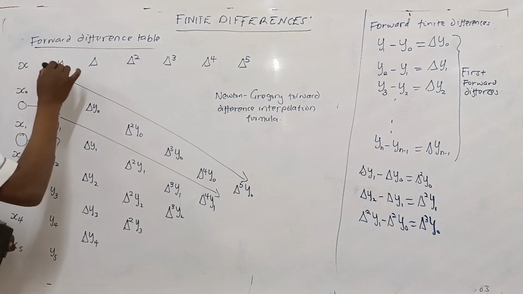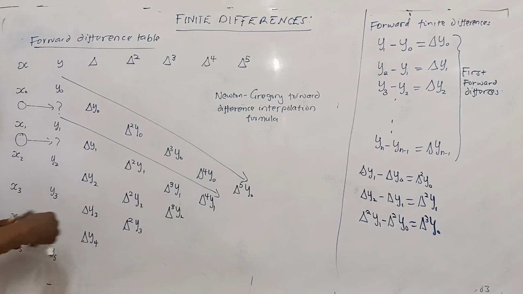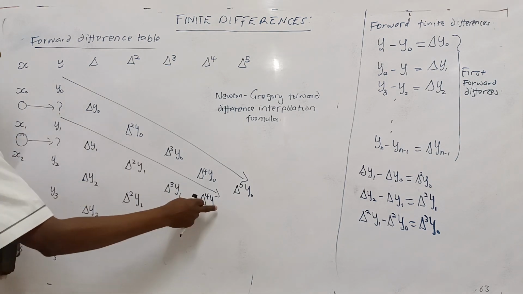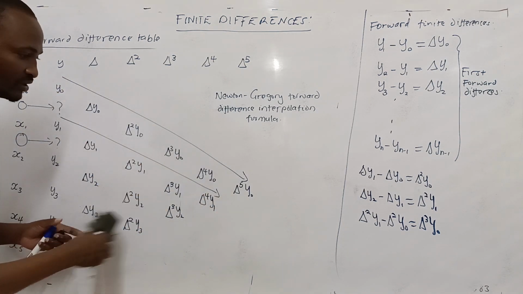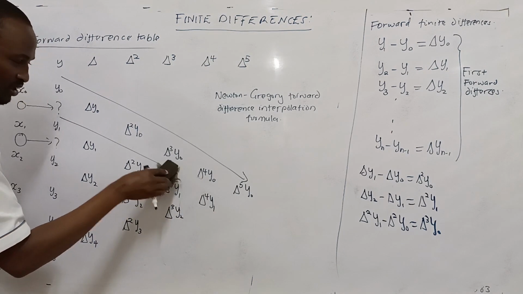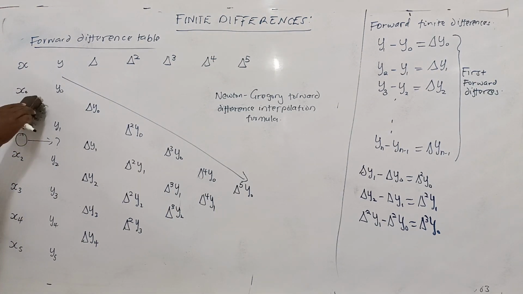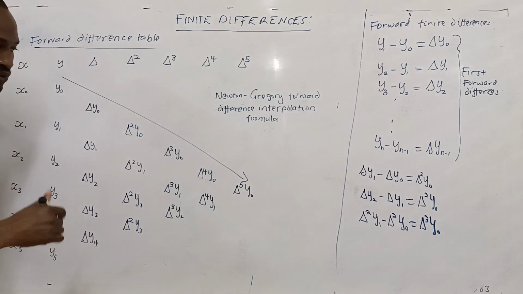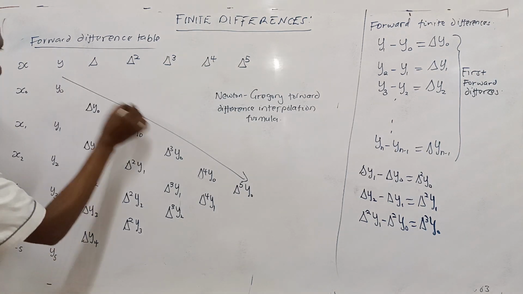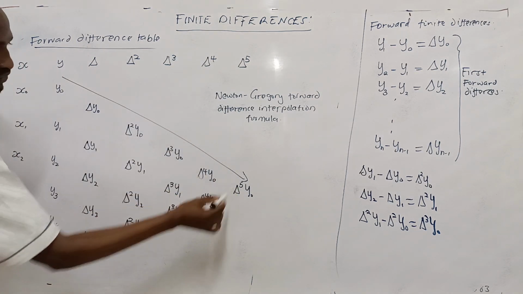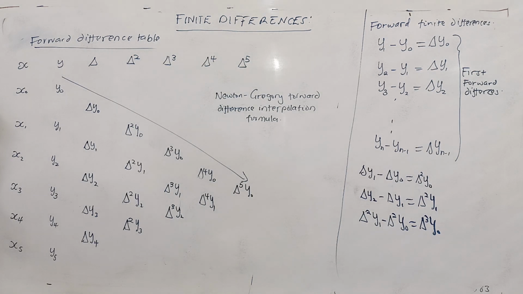Mostly, I prefer using the values at the top, but I will show you how you can use either this value here or this value here, depending on what you want. But both of them will give you the same answer, depending on the position of the unknown value of the entry that you are required to find. But simply what I want us to agree, use these values for forward difference interpolation.